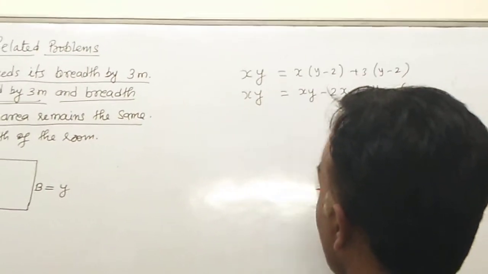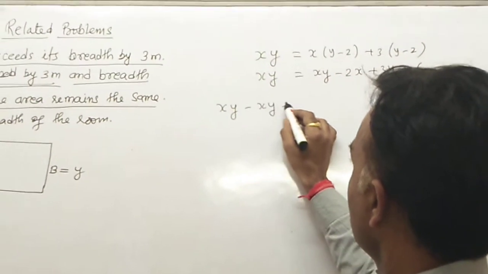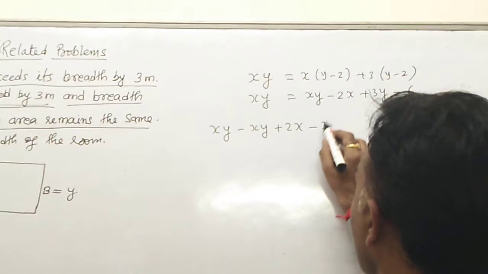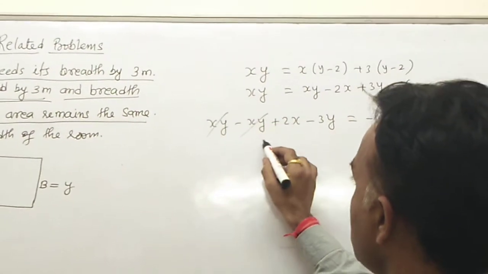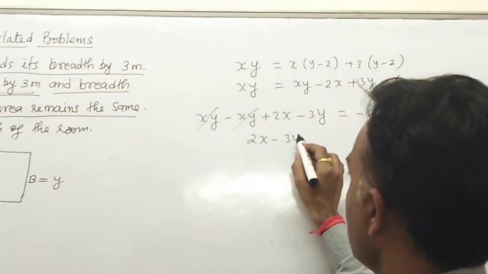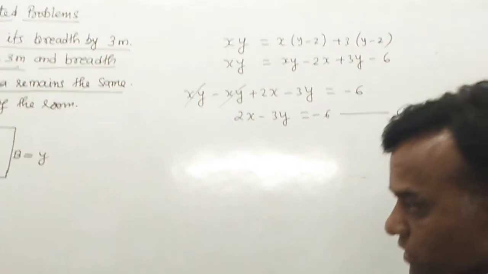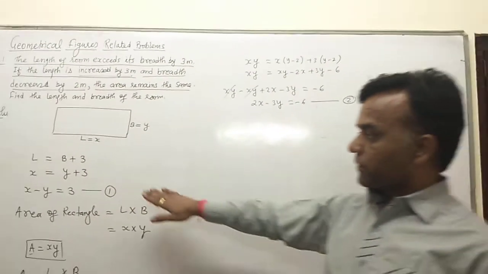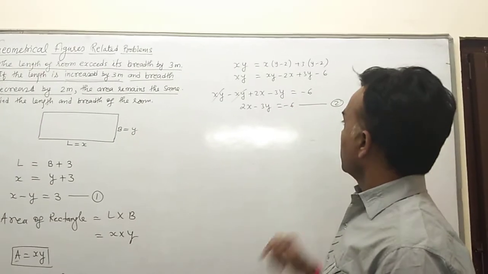Simplifying, xy minus xy plus 2x minus 3y, and minus 6 here. So xy cancels out, and you have 2x minus 3y equals minus 6. This is equation 2. Now you frame the two equations: the first equation is x minus y equals 3, and the second equation is 2x minus 3y equals minus 6.